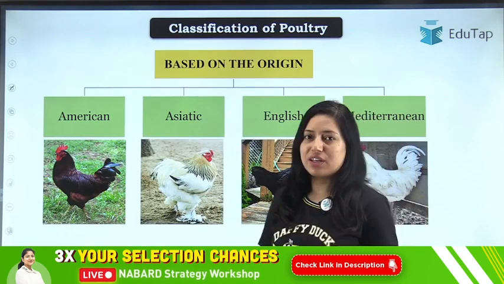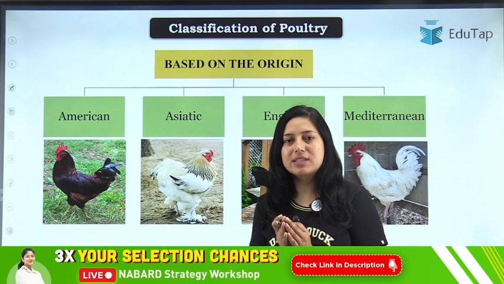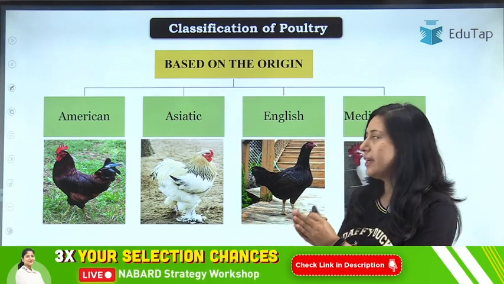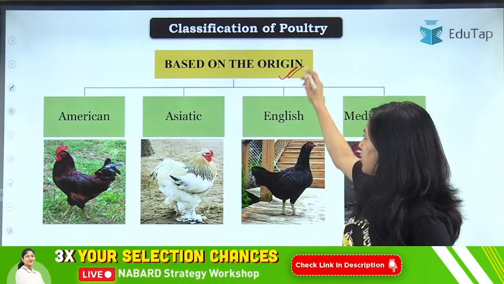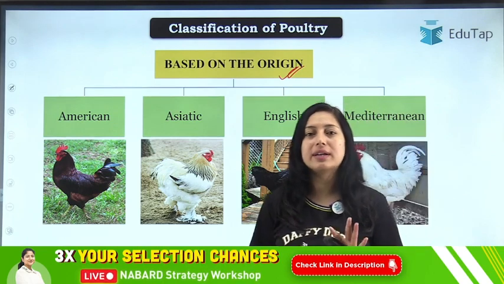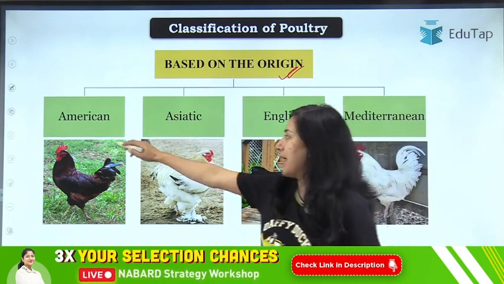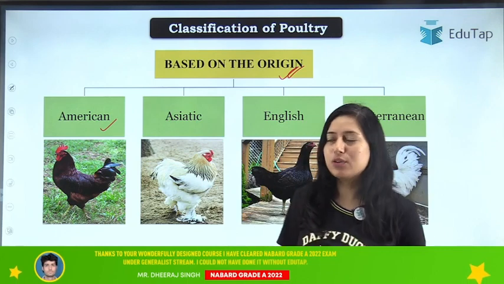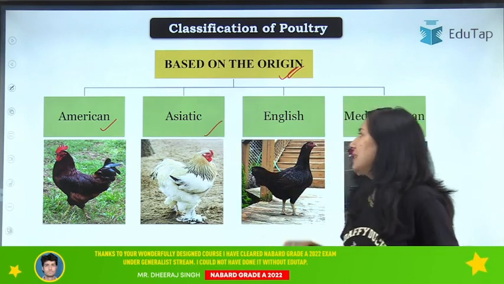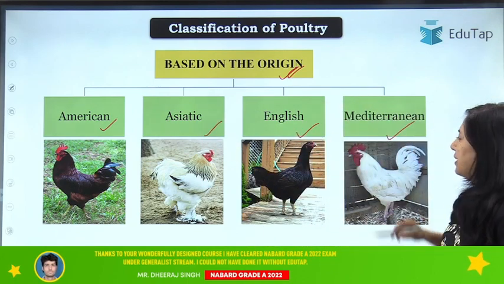Moving on to the classification. Now we were about to discuss the classification of poultry breeds. Based on the origin, they can be classified into 4 categories. First is your American breed, that is American in origin. Then we have Asiatic breed, then we have English breed, and then we have Mediterranean breed.